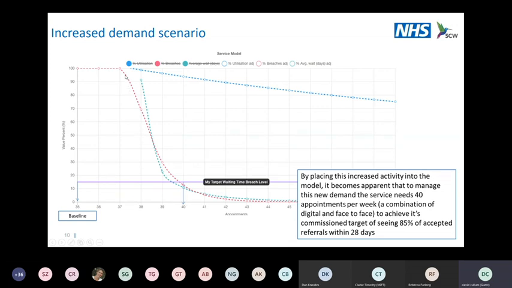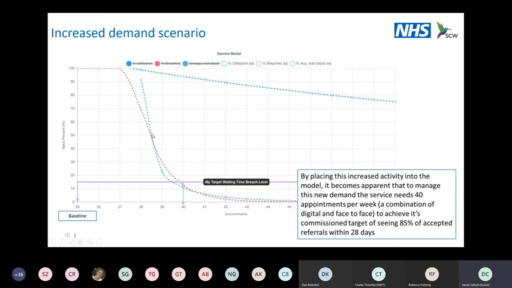And the red line here is the percentage which will breach your wait time threshold. So the wait time threshold is the purple line. It's 85%, so it's there at 15%, because you want to get the numbers breaching down below 15%, because then that means the numbers being seen within the wait limit is above 85%.